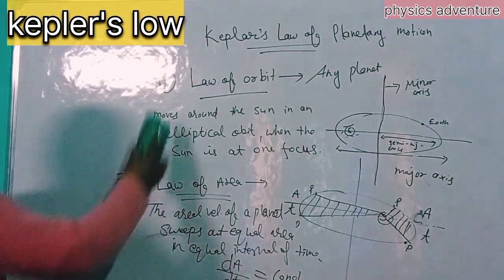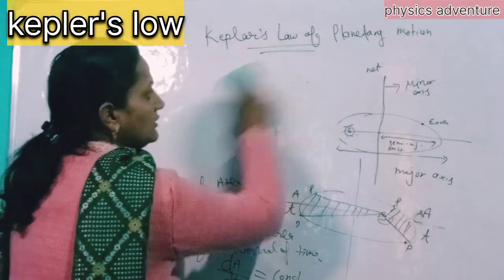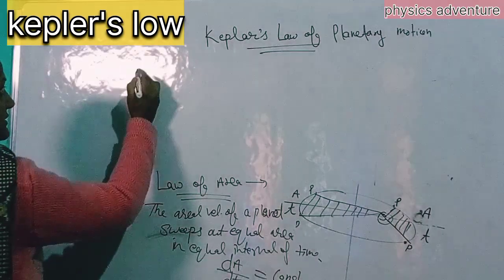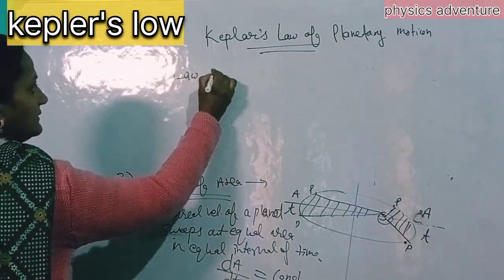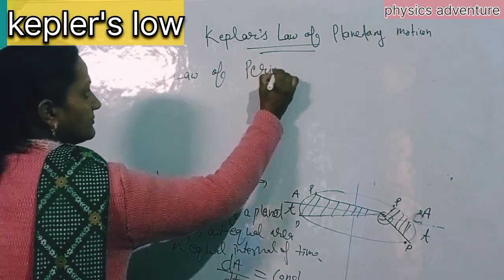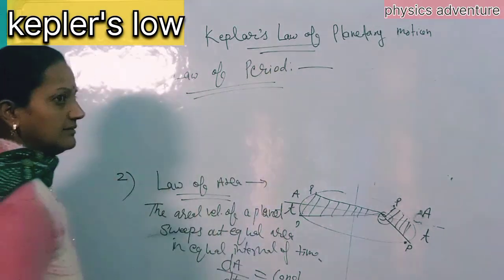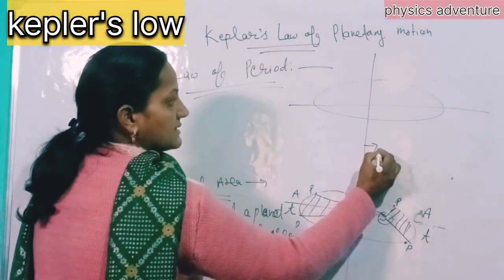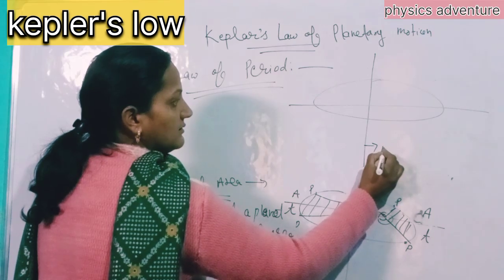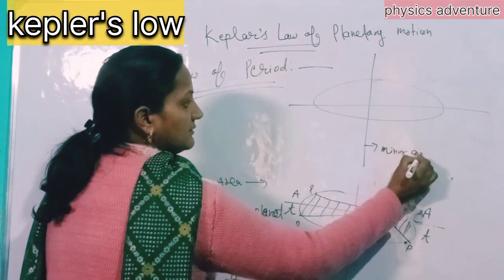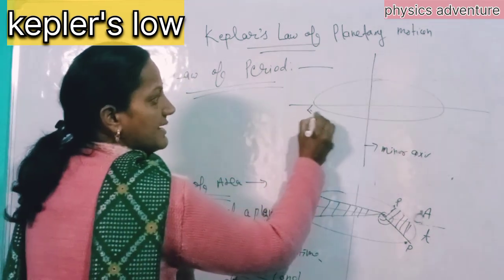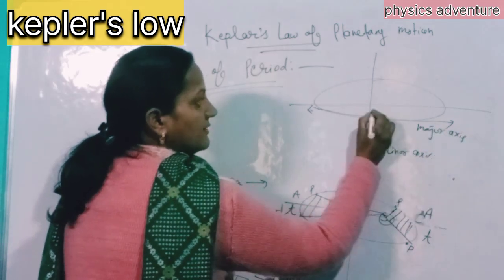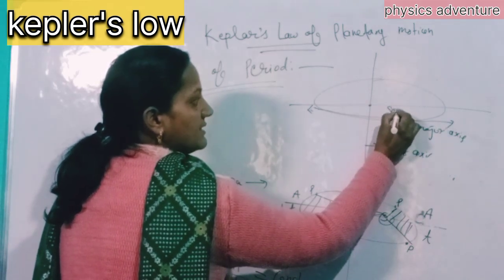Now the third law is the law of period. We know that this is the major axis, and this in the vertical direction is the minor axis, and from the center to this point is the semi-major axis.